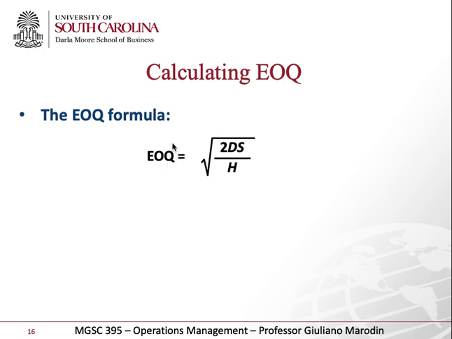Doing some algebra there, you find Q or EOQ equals the square root of 2 times D times S divided by H. Again, D is the annual demand, S is the setup or ordering cost, and H is the holding cost.